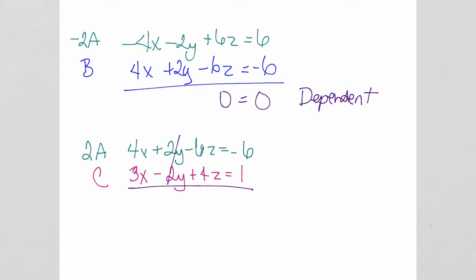When we add, the y's go away and we get 7x minus 2z equals negative 5. So, since this is dependent, we're going to solve for z so that our solution is all in terms of x. So to solve this for z, subtract 7x from both sides.